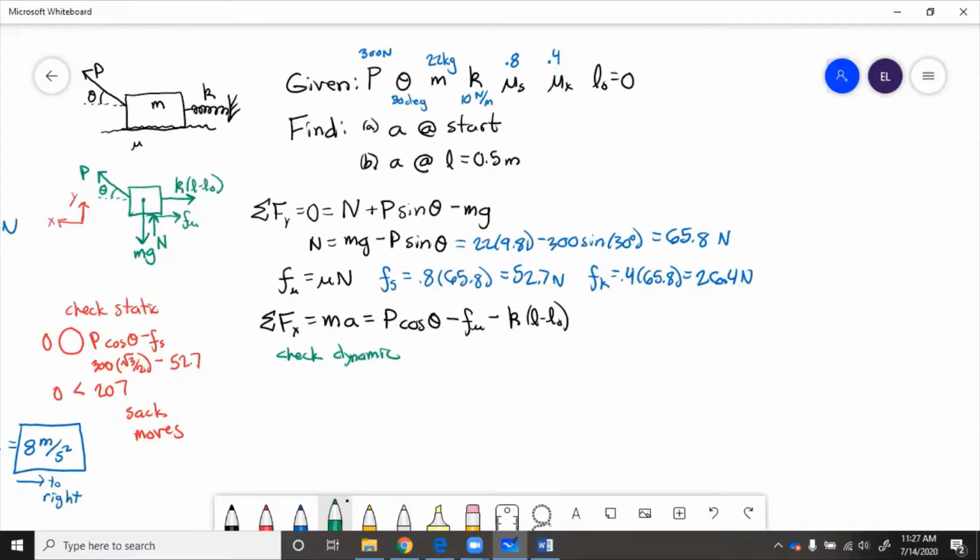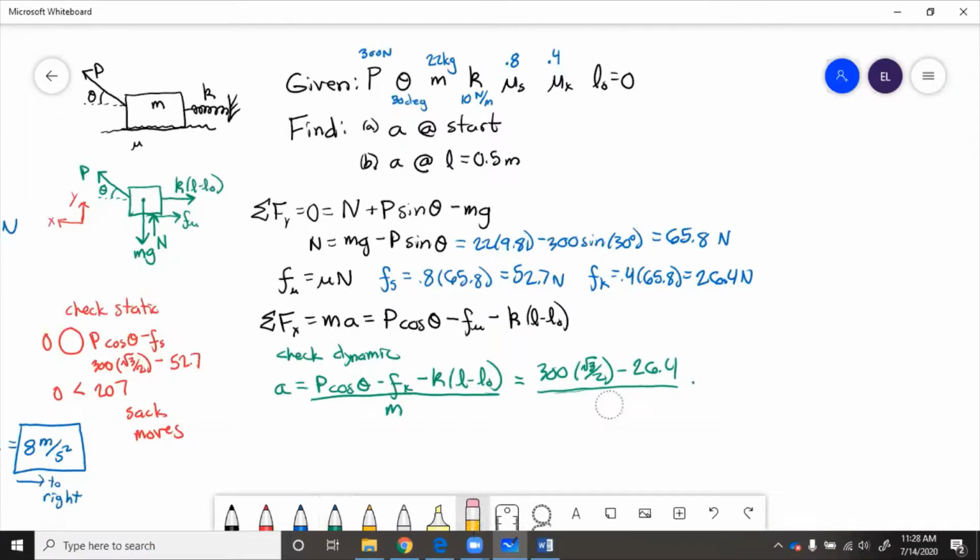Well, from this equation, we know acceleration equals P cos theta minus kinetic friction minus K times L minus L initial, divided by M. So if we put numbers in here, then we have 300 cosine of 30 minus 26.4 over M, which M is 22.